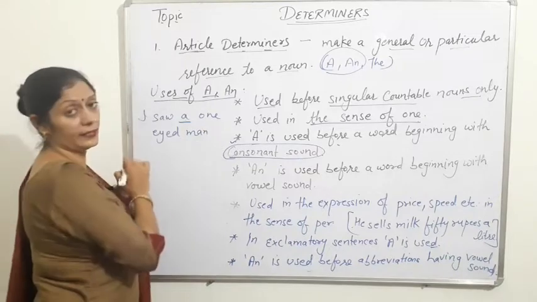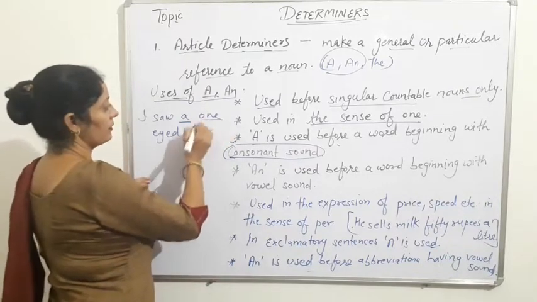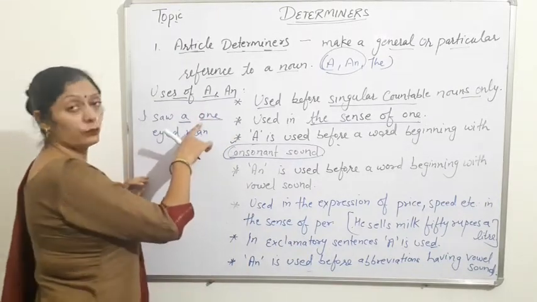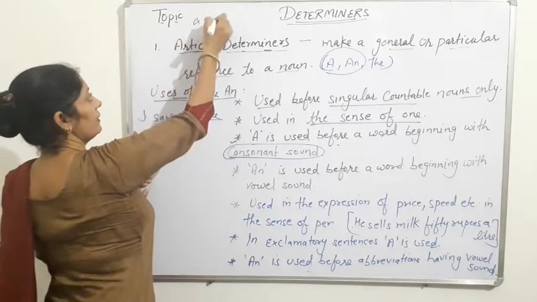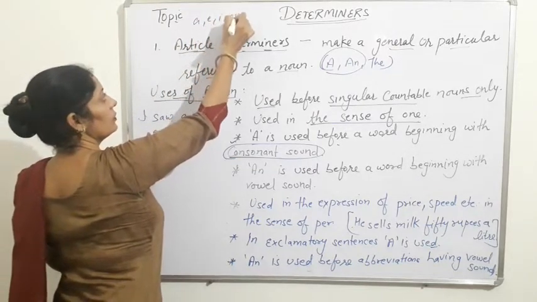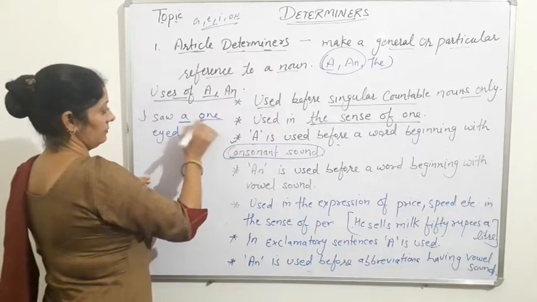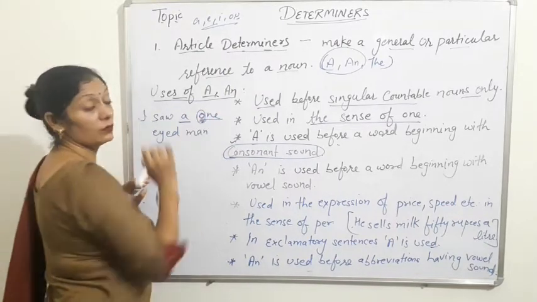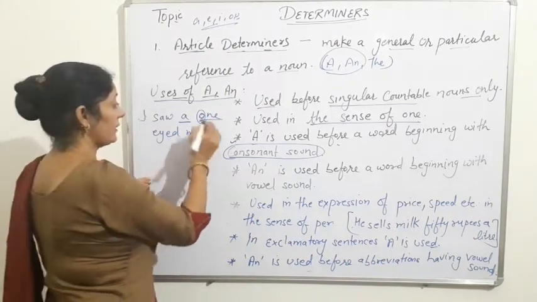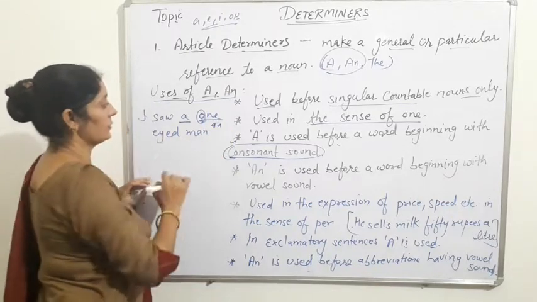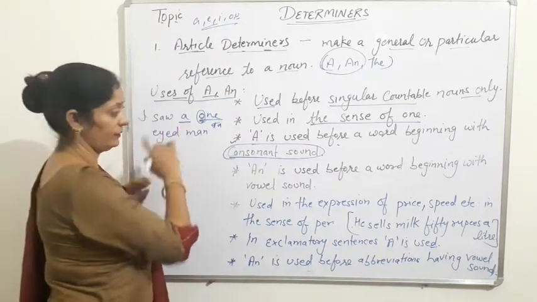Here we are using a. No doubt we know 5 vowels are there, a, e, i, o, u. Here the word begins with the vowel o, but the sound it is giving is of a consonant. So we are using here a.